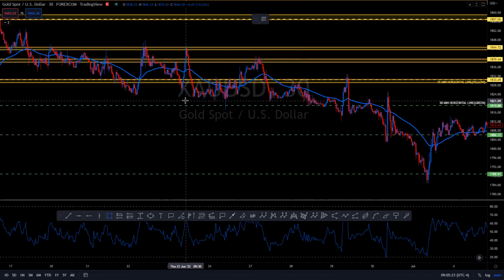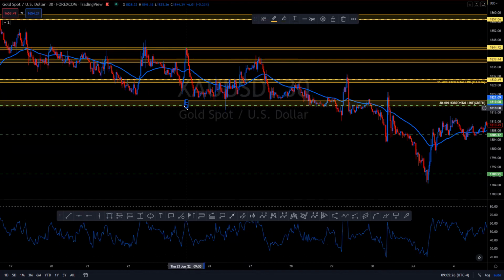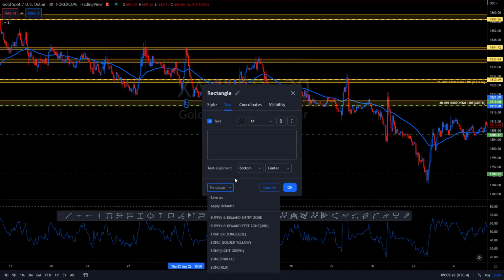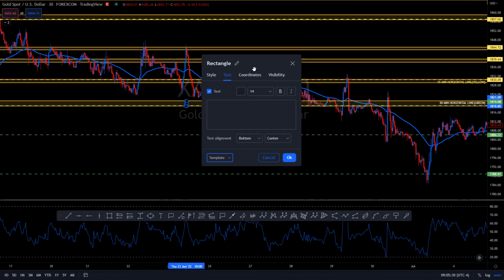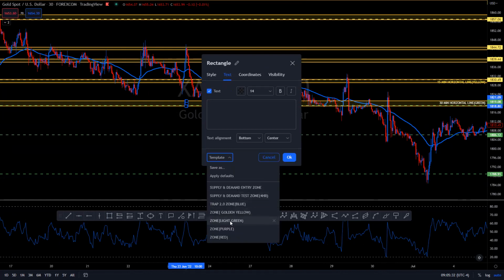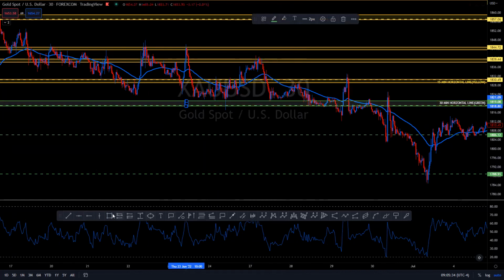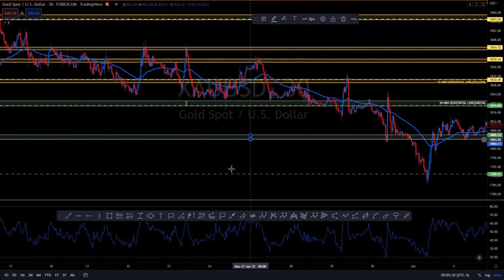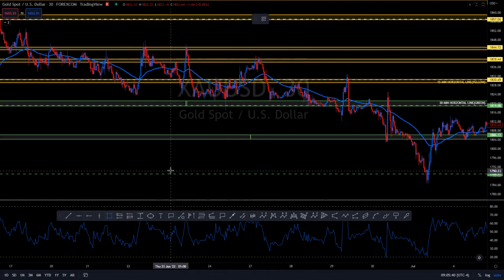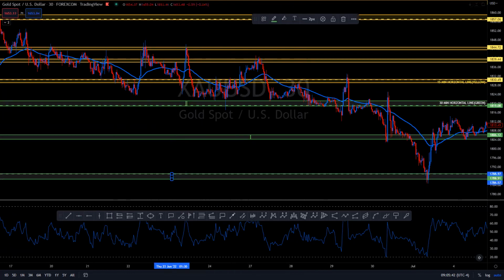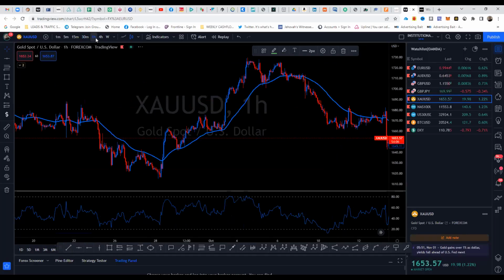Then I'll go ahead and mark up these lines and make these green. Let's move on to 1 hour.